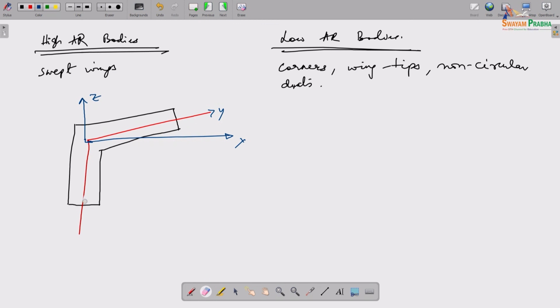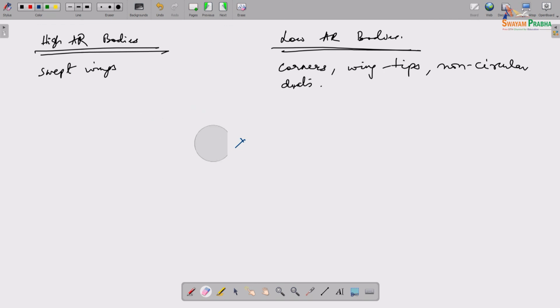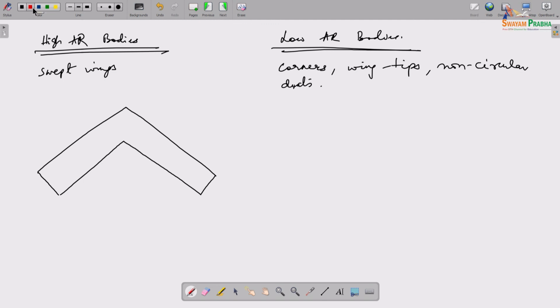Let me draw that in a little better manner, it will be easier to see. Yeah, that's better. And then you have a coordinate system.